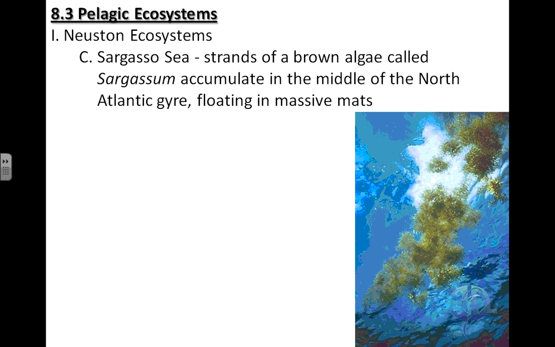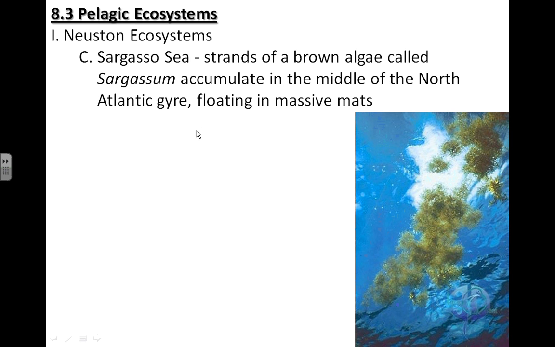Another type of Neuston ecosystem, or at least a specific type that we have here locally, is what's called the Sargasso Sea. And this is created by strands of brown algae called sargassum. And it accumulates in the middle of the North Atlantic Gyre, creating these big floating mats that you see over here in this picture.